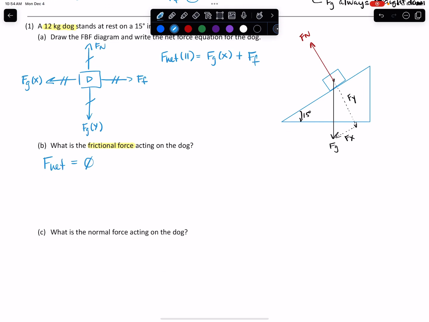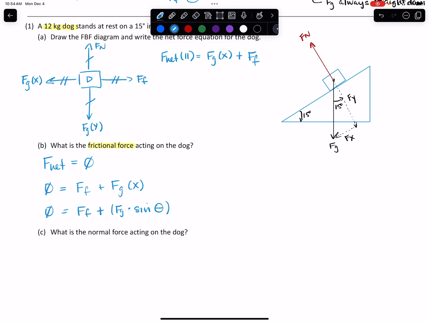All right, so if I take my equation, 0 is going to be equal to that frictional force plus the gravitational piece in the x direction. I need to solve for that gravitational piece. So that's going to be equal to F friction plus, all right, if I look, I know that the angle in this corner is also 15 degrees. I'm opposite. So I'm going to have my FG value times the sine of theta.